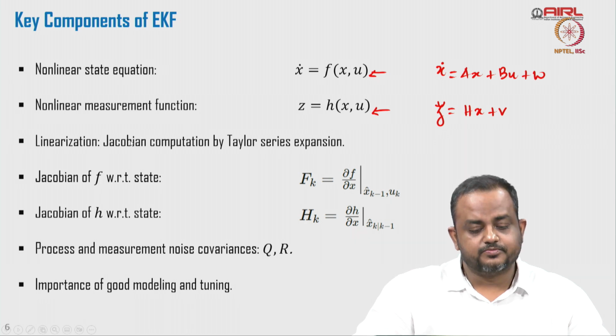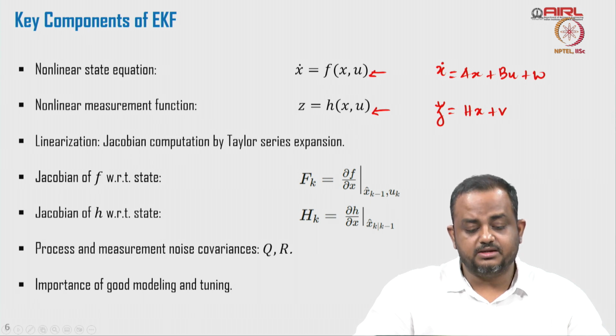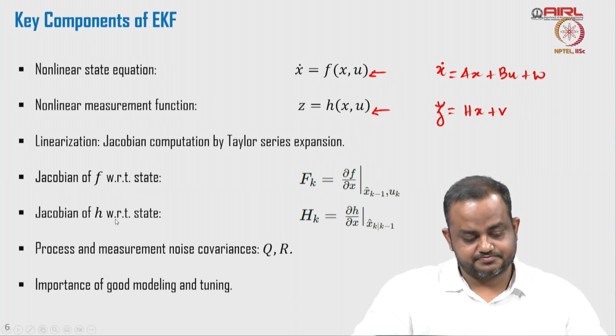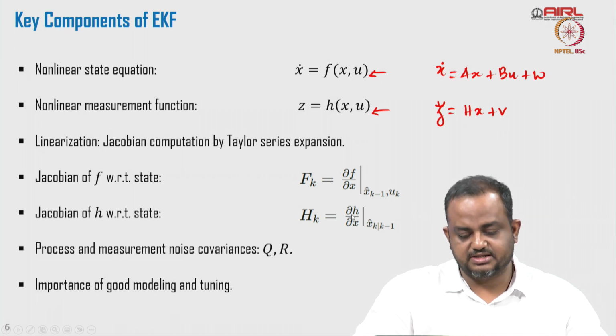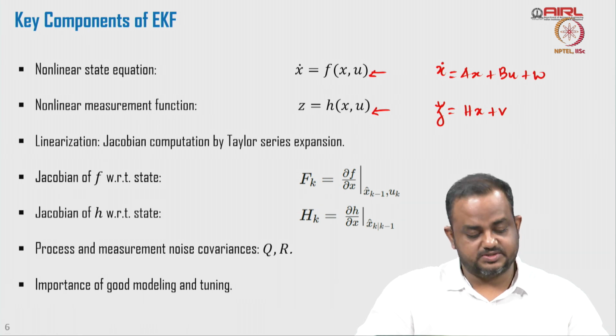In order to incorporate this nonlinearity in the system, we have to take the Jacobian by Taylor series expansion. So, the Jacobian of the function f, which is there in the state equation, is taken like this. It is the partial derivative of the function f with respect to x, and we get the matrix F_k. Then we have to take the Jacobian of h with respect to the state, that means del h del x, the partial derivative of the function h with respect to x.